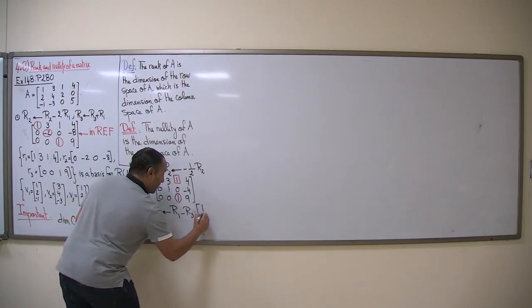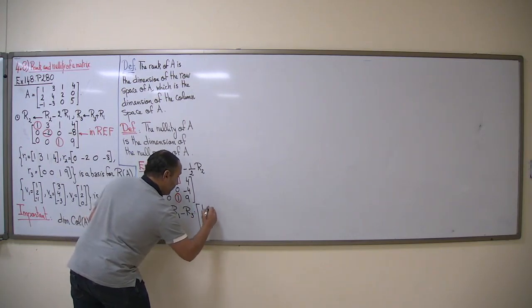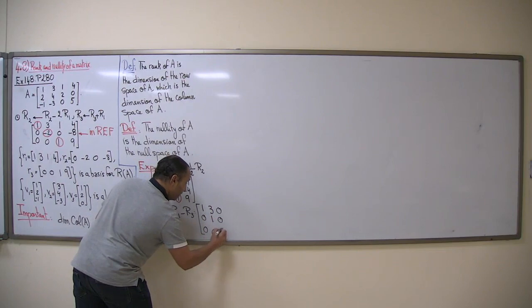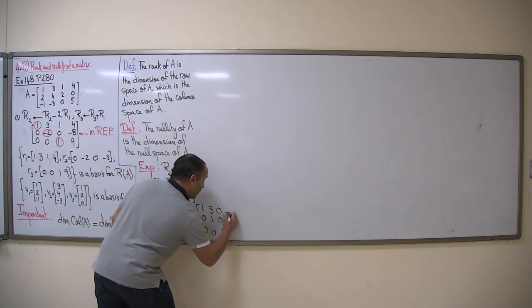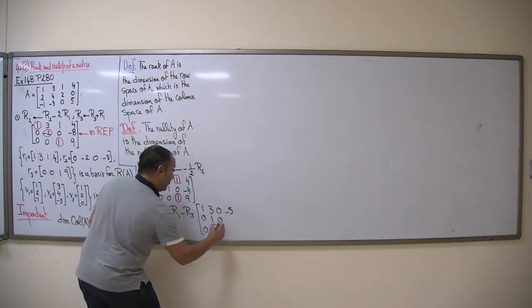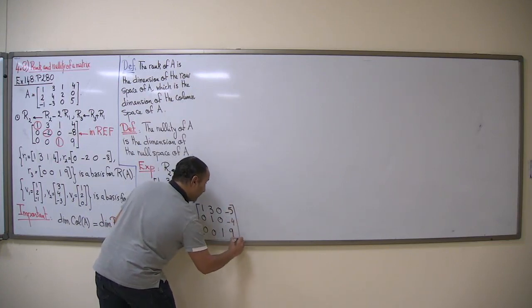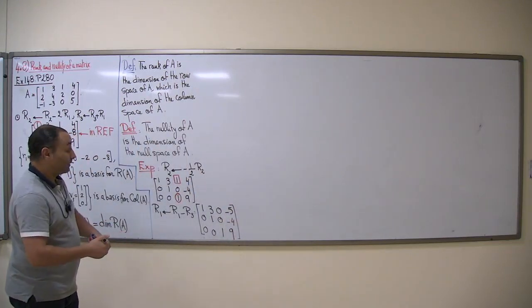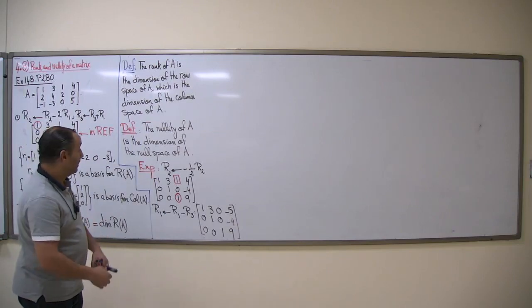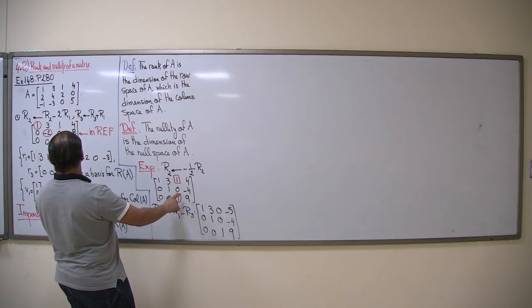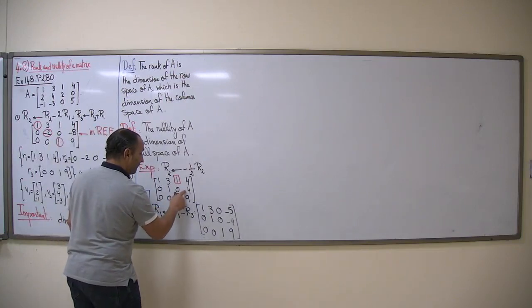So I got 1, 0, 0, 3, 1, 0, 0, 0, 1, and minus 5, minus 4, 9. This one was 4. Yes. Okay.